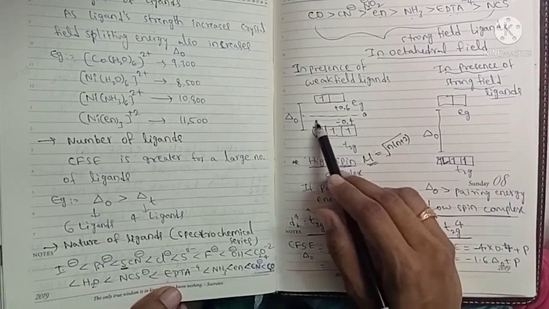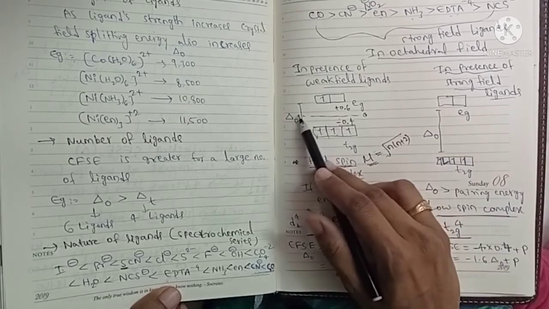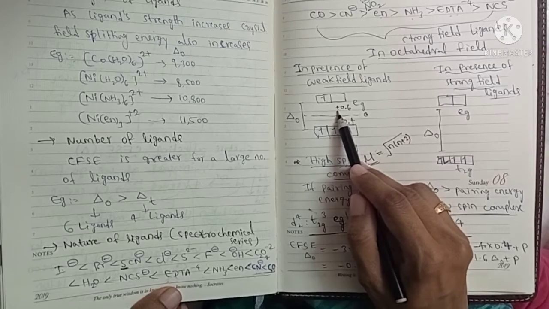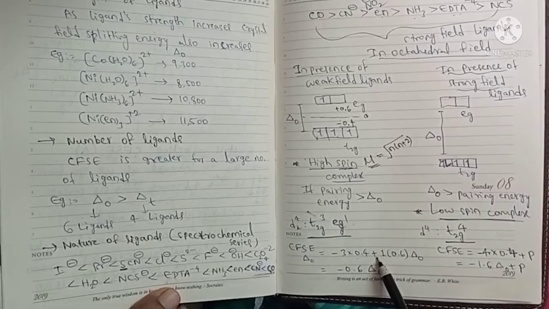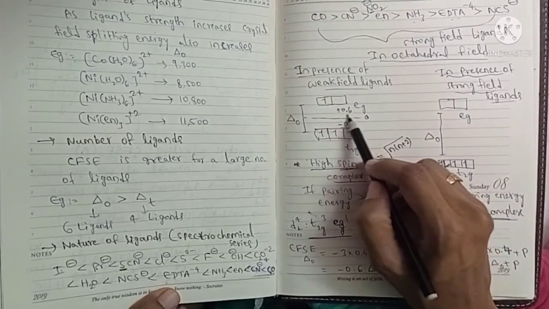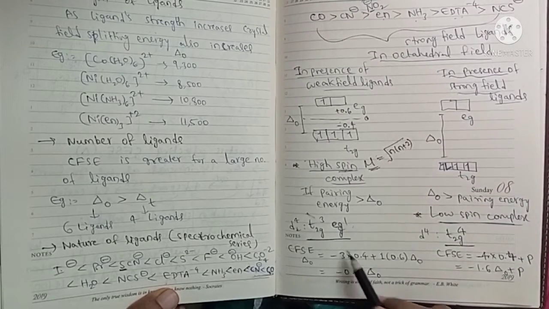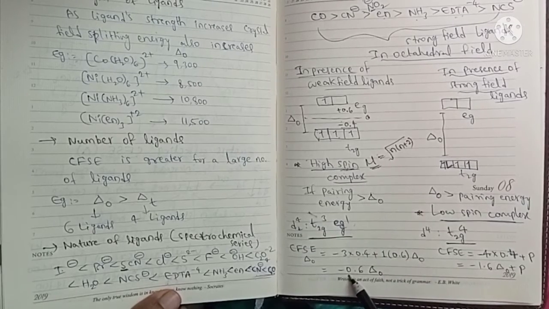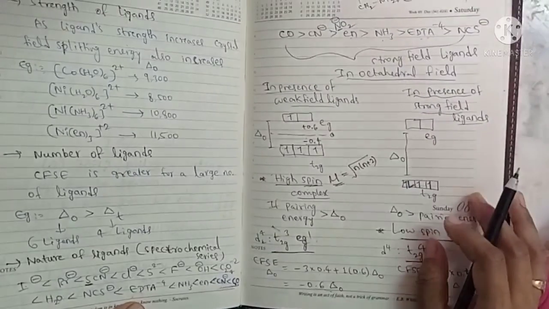Energy is decreasing, that's why it is indicated by a minus value, and here energy is increased compared to this level, so it is given by plus 0.6. So minus 3 into 0.4 plus how many eg electrons? 1, into 0.6 delta O. So CFSE is minus 0.6 delta naught.